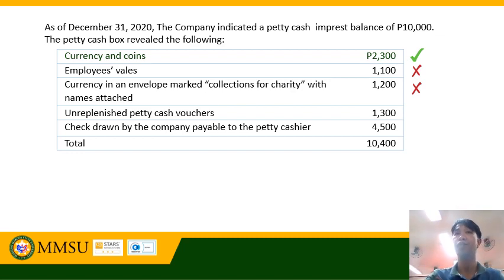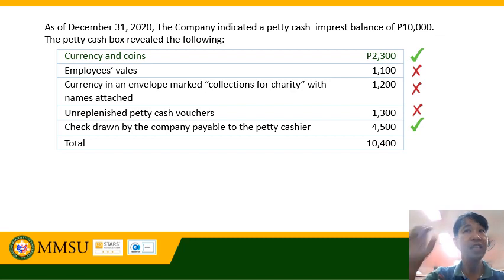Unreplenished petty cash vouchers would of course be adjusted to the expenses. These are the indications or proofs of the use of the petty cash fund. So it should be adjusted to expenses. Okay, so it will not form part of the petty cash fund. And then finally, check drawn by the company payable to the petty cashier. This is a replenishment check, and therefore it will form part of the petty cash fund.